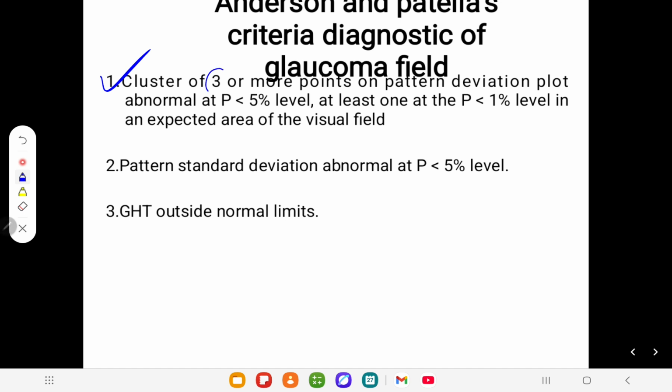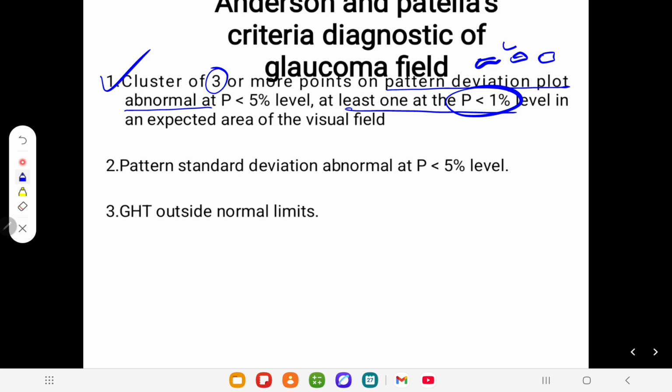First, it's a cluster of three or more points on the pattern deviation plot, in which at least one should have p less than 1 percent. And remember that the three must be in a cluster, not side by side, not in 1 point, 2 point, 3 point.